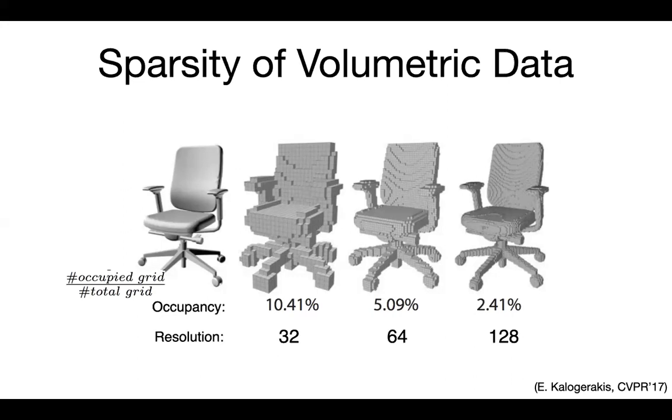Here we have 32 cubed in resolution, and 10% of the cells are occupied. Here we have 64 cubed, and only 5% are occupied. And here we have 128 cubed, and only 2% are occupied. So basically, each time we double the resolution, the occupancy is divided by 2. And so that means that this representation is sparse.